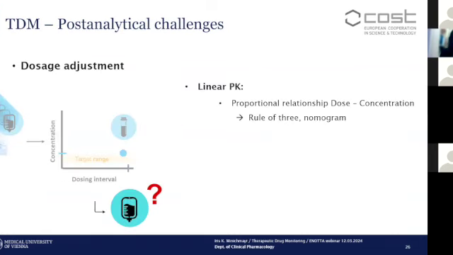With traditional TDM, dosage adjustment usually assumes a proportional relationship between the dose and the sample concentration and linear and time invariant pharmacokinetics at steady state. Sometimes dosing nomograms are used to modify maintenance doses or dosing intervals.